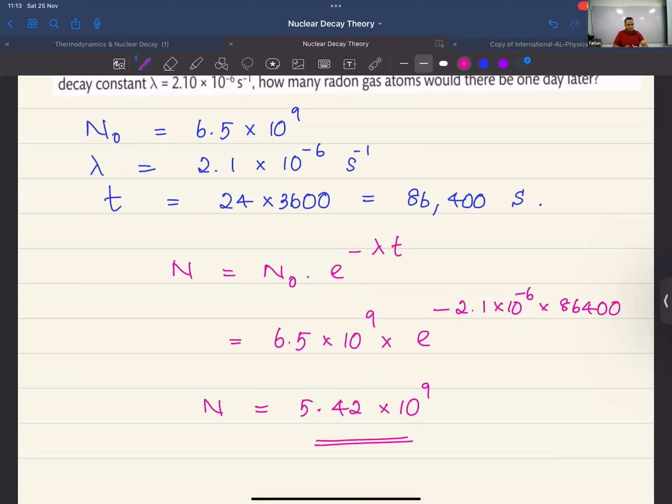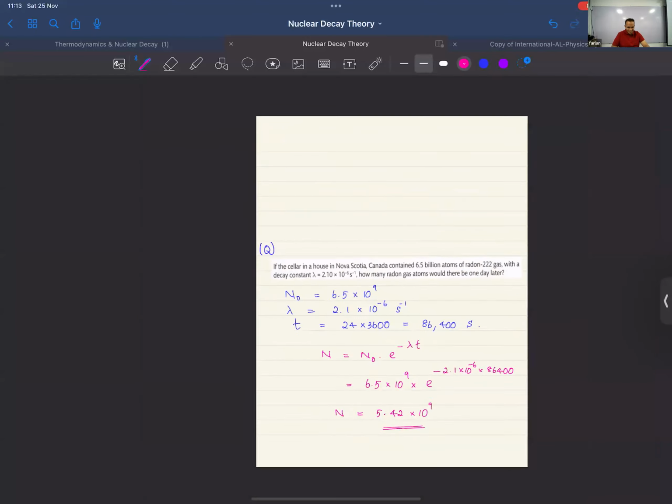I forgot the function. It's written there: E to the power is on top of the LN button. Where? On top. Ah, okay. Sorry. Forgive me, sir, I'm a human.